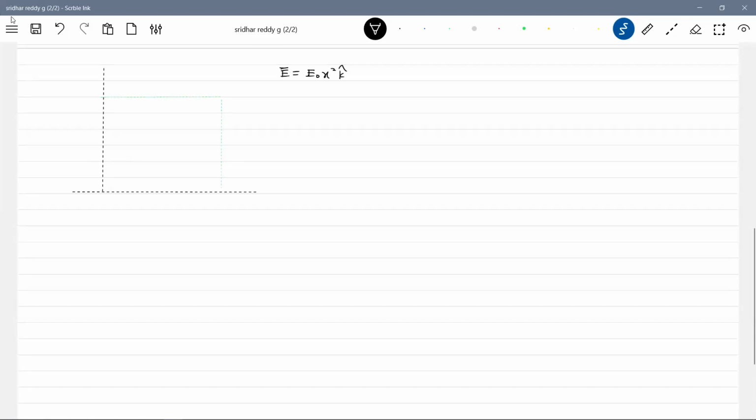Let this side length be L and this be B. I want the flux through this region, which is bounded by the coordinates.